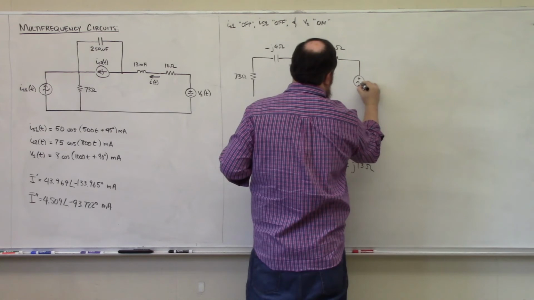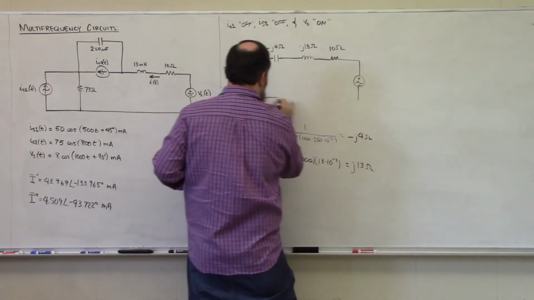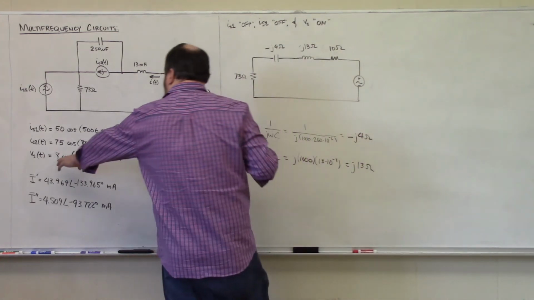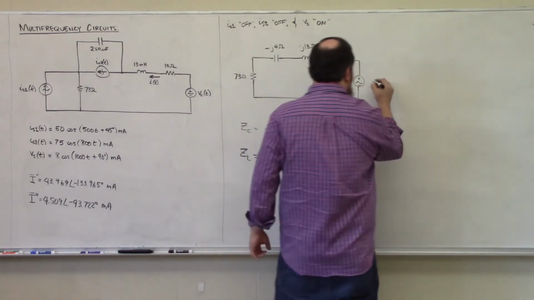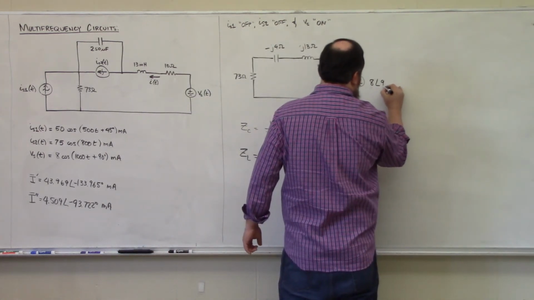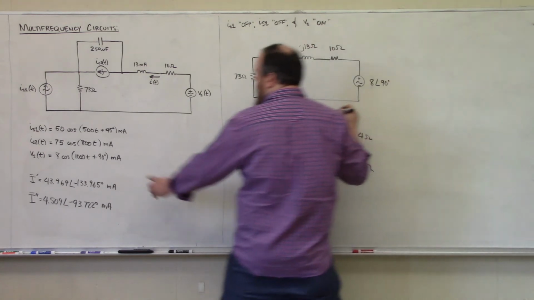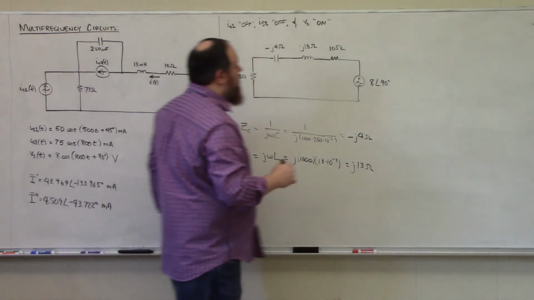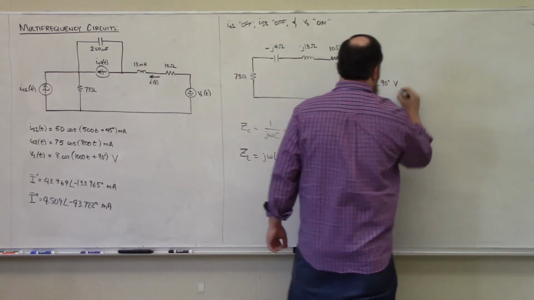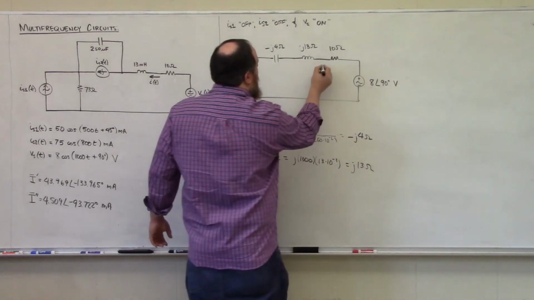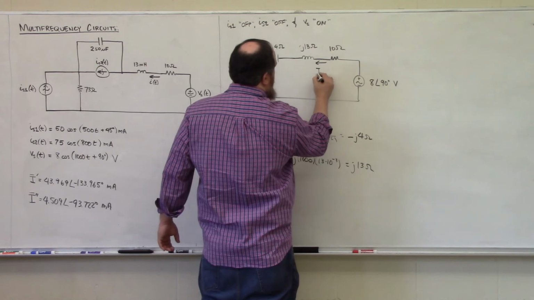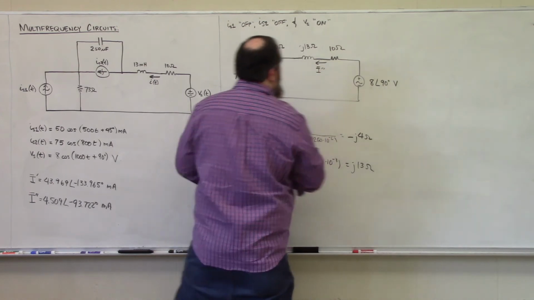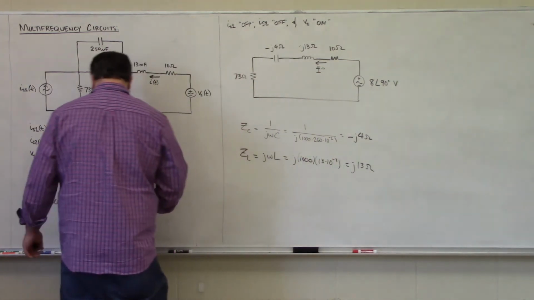And then the phasor representation of my voltage source is 8 angle positive 90 degrees. Oh, and this is a voltage, so it should have been volts this whole time. I apologize for that. And my current will be I triple prime in this direction.